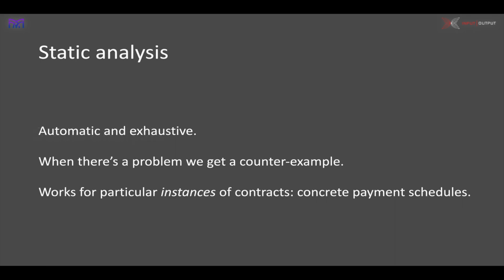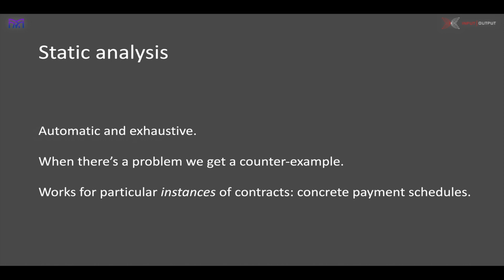So the first thing I want to talk about is what's called static analysis. And what I mean by that is that we can analyze the complete behavior of a specific Marlowe contract completely without running it. It's entirely automatic, so there's no need for users to do anything, and it's exhaustive.